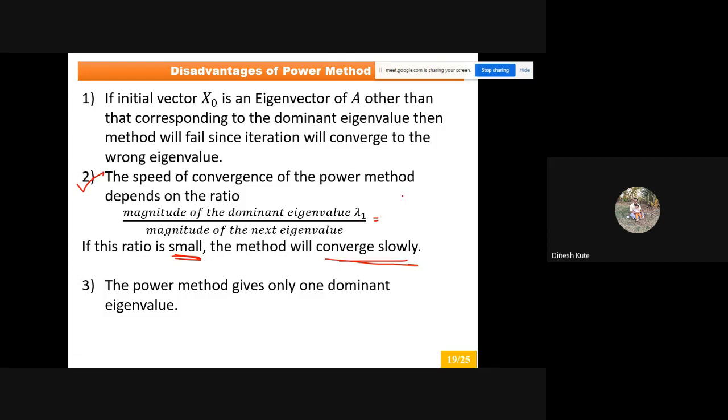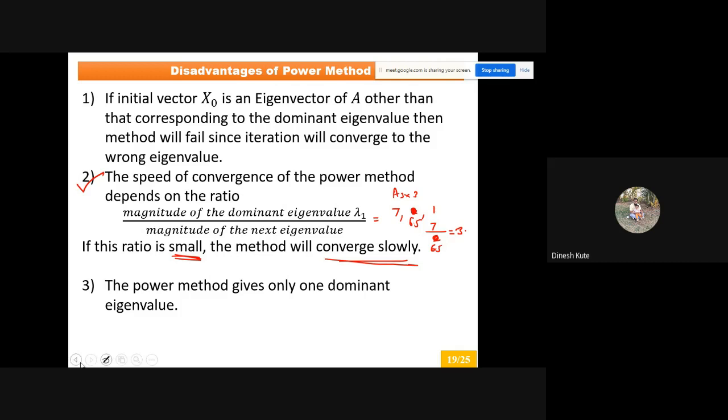For example, if I take a 3 by 3 matrix with eigenvalues, let us take 7, 2 and 1. Here my largest eigenvalue is 7, and the next largest eigenvalue is 2. So this ratio is 3 point something, which is large. So here with a minimum number of steps you will get convergence. But if I consider, say, 6.5 instead, this difference is very small, and in that case you will need more iterations for convergence.